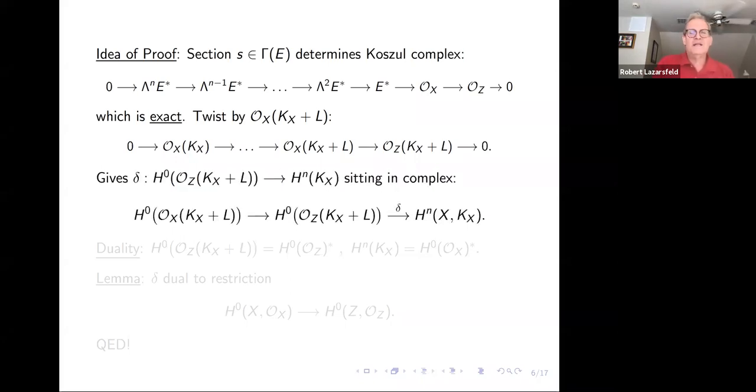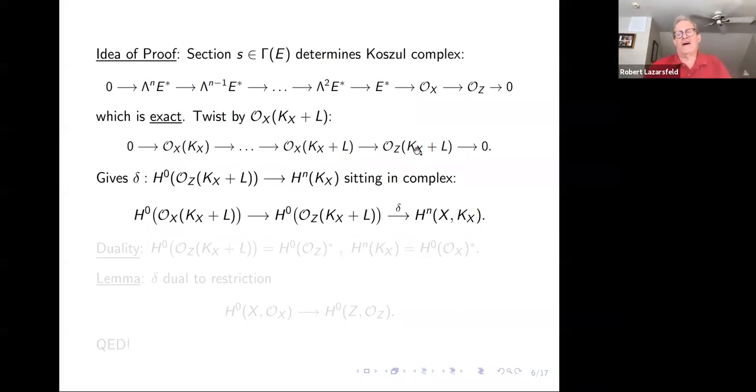Now, just by chasing the long exact sequence of cohomology, I claim that this picture automatically gives us a map, which I'll call delta, from the sections of the restriction of Kx plus L to Z to Hn of Kx.